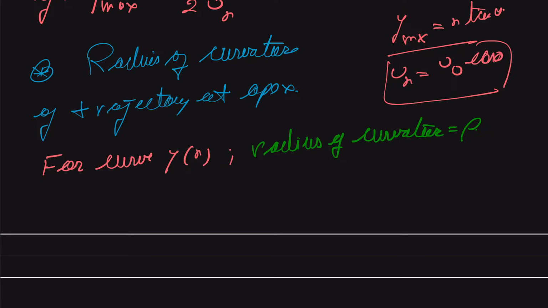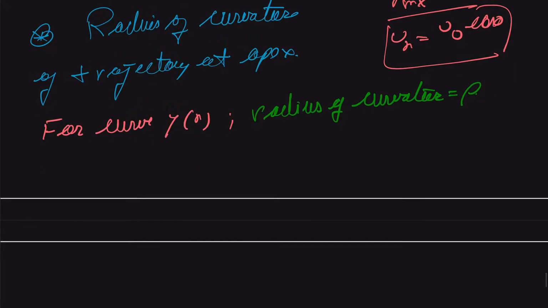We can denote it by any variable, and this rho will be equal to 1 plus the first derivative of y, its whole square, whole raised to power 3 by 2, divided by the double derivative of y. So this is the standard equation of radius of curvature.